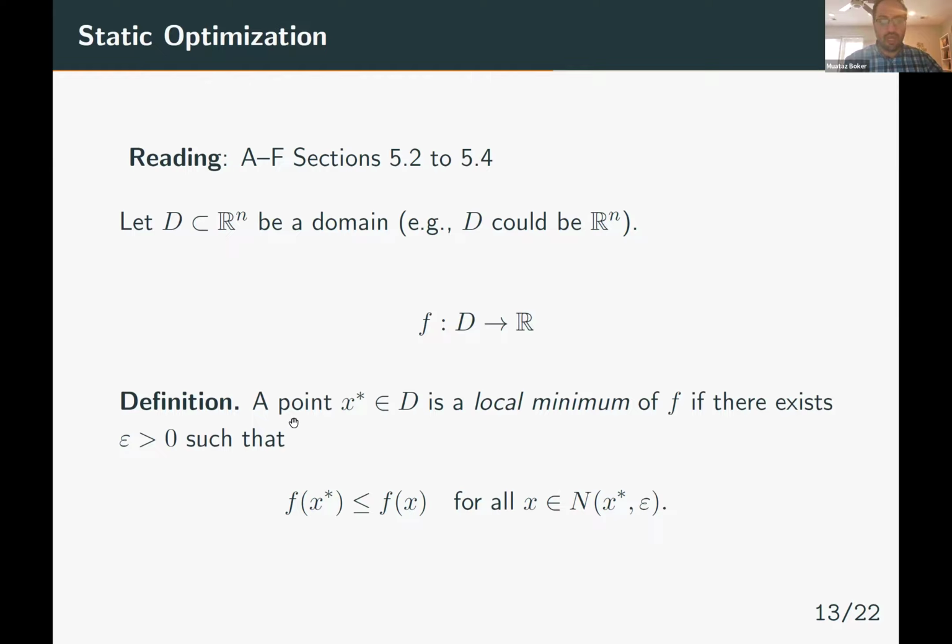So first definition: a point x star belonging to D is a local minimum if there exists epsilon positive such that f of x star is less than or equal to f of x for all x belonging to a ball that is centered around x star with a radius epsilon. Okay. So this is the definition of a local minimum.